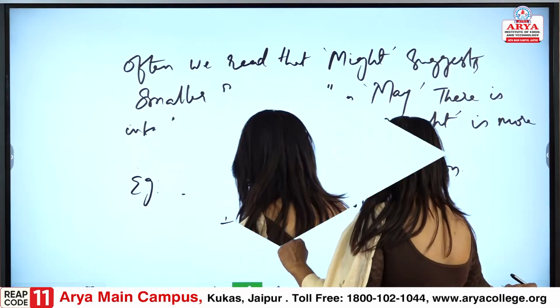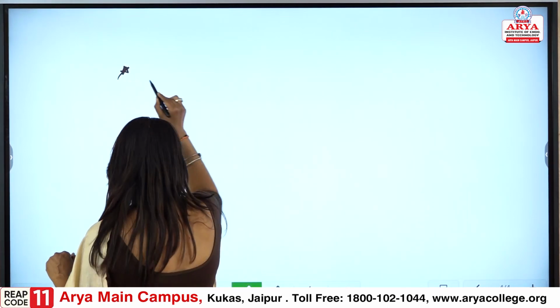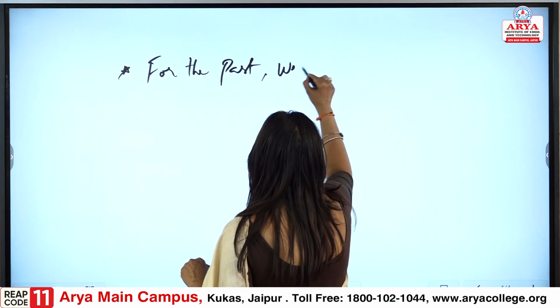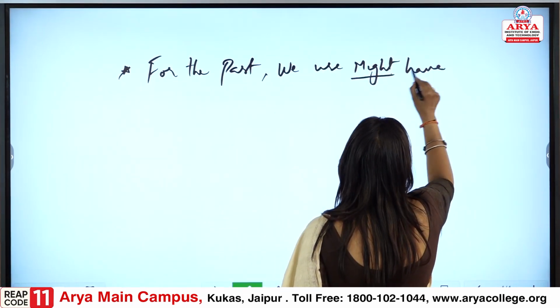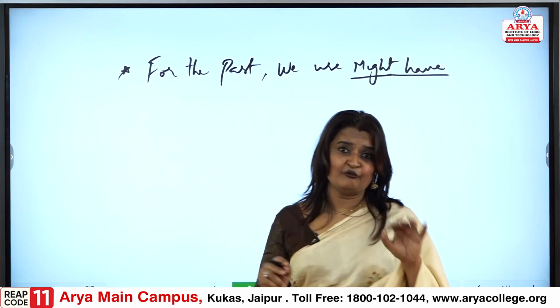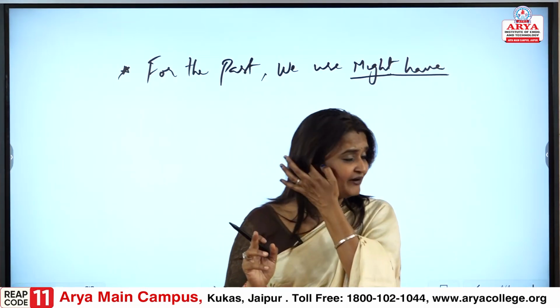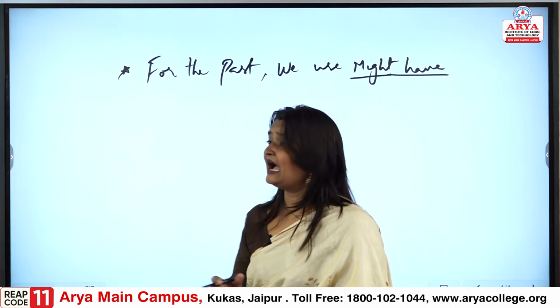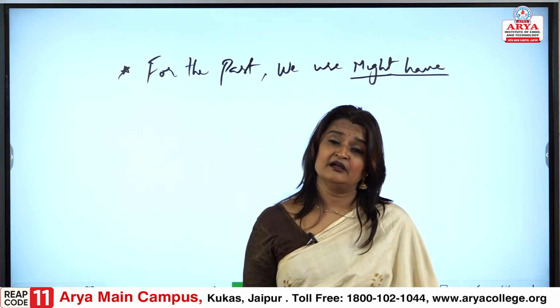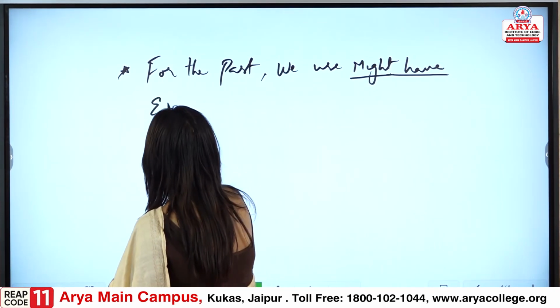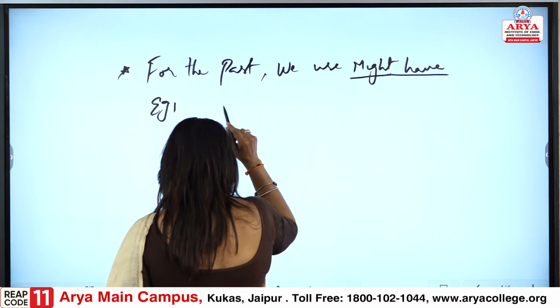Now there is one more point that we need to remember while using might, and that is for the past we use might have. For anything that has happened in the past and we are explaining it, I might have done, I might have checked it. Let me give you an example.